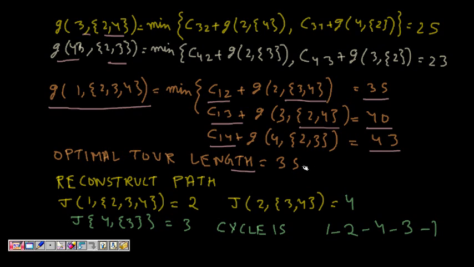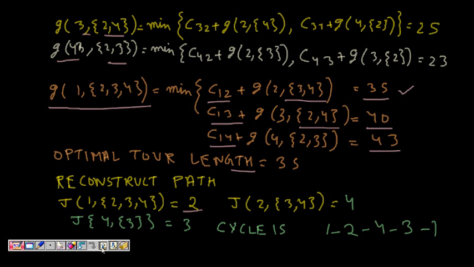So we got the length, but what was the path? That is very simple. We will always see here: from 1, when we were taking the edge, we find that c12, going from 1 to 2, was the minimum. So because I went to 2, from 1 I go to 2. Then I will see g2,3,4, which one is the minimum.